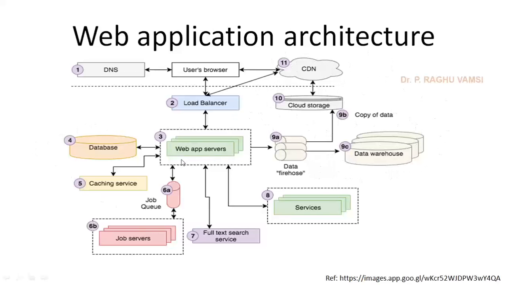So that is the reason the web and application servers are more scalable in integrating the other services. But one thing one must remember, as a hacker or as a penetration tester, all applications will not use all services. For example, if you are using a Google service, they may use cloud services.